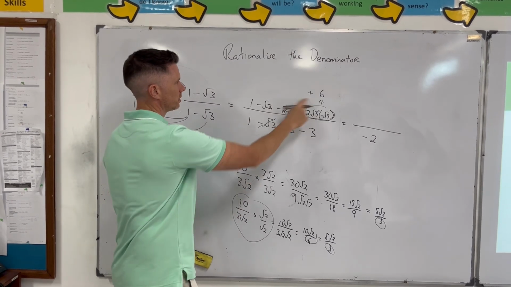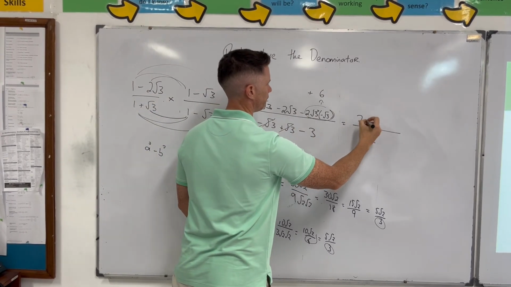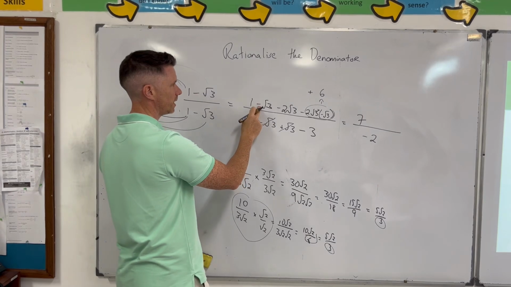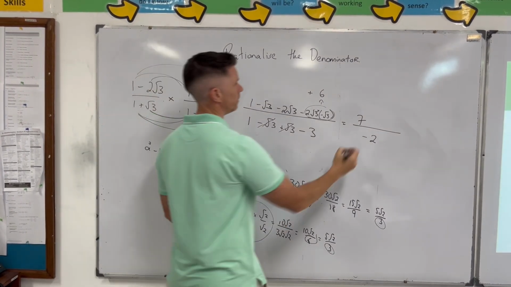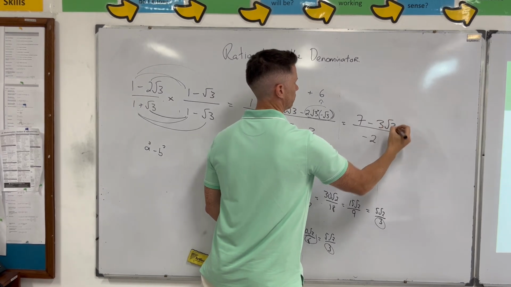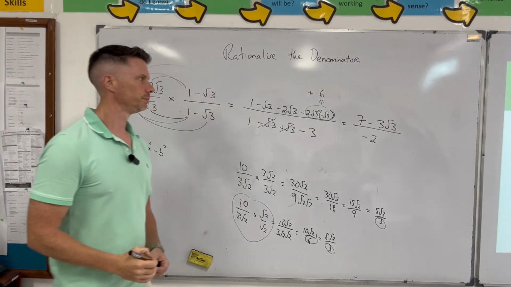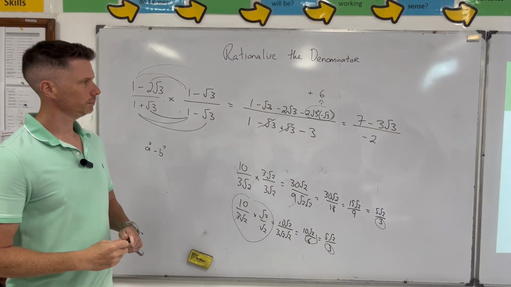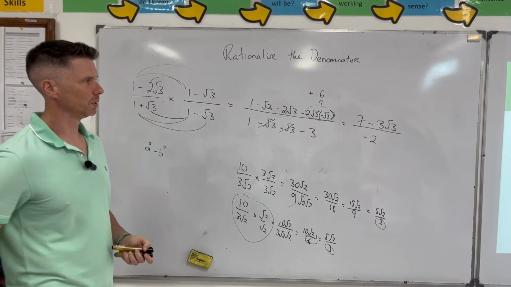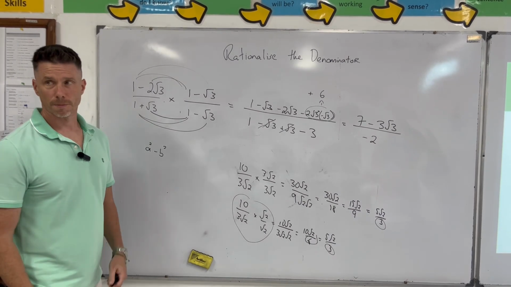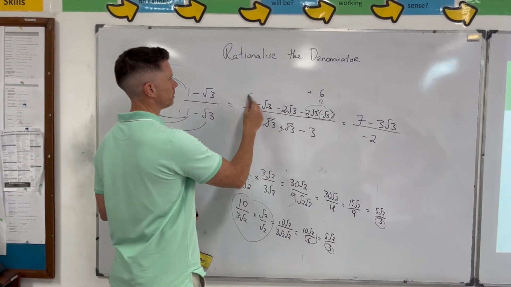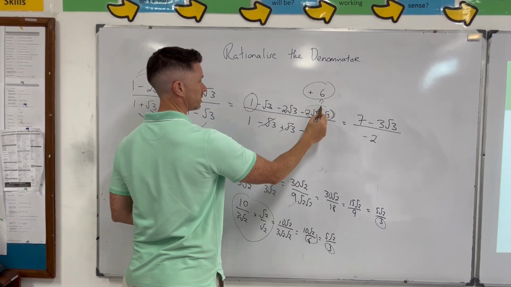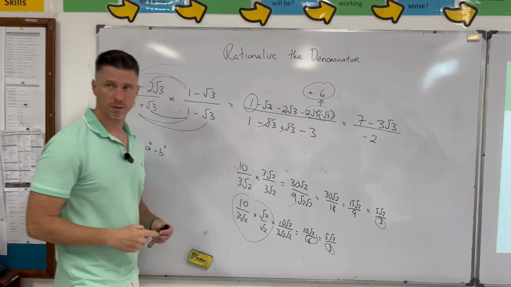Now, I have a 6 here and a 1 here, so that's 7. And I have minus root 3 minus 2 root 3, which is minus 3 root 3s. Okay. Where's the 7? 7 comes from this one and this plus 6. Now this simplified to plus 6.